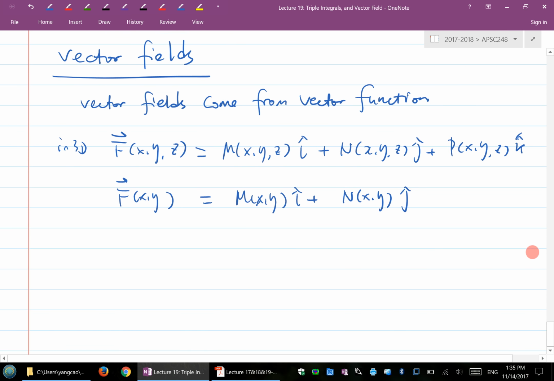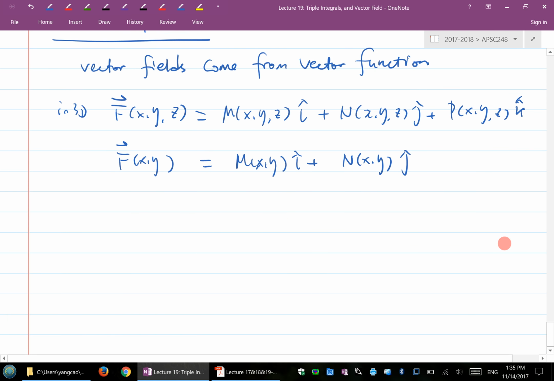You can imagine that if I plug in different values, I get different vectors. If I plot the vectors in 3D space or 2D space, we get a whole bunch of vectors. When you look at the whole bunch of vectors as a whole, that's the so-called vector field. It's a field of vectors.